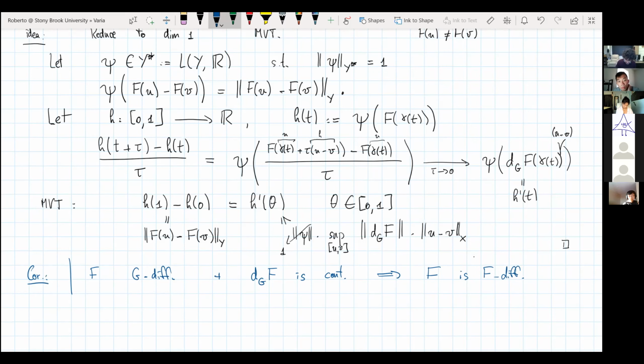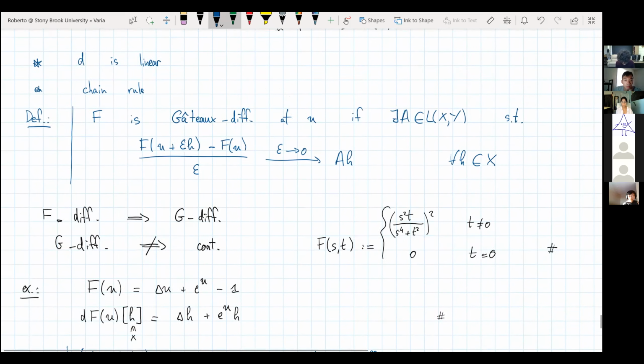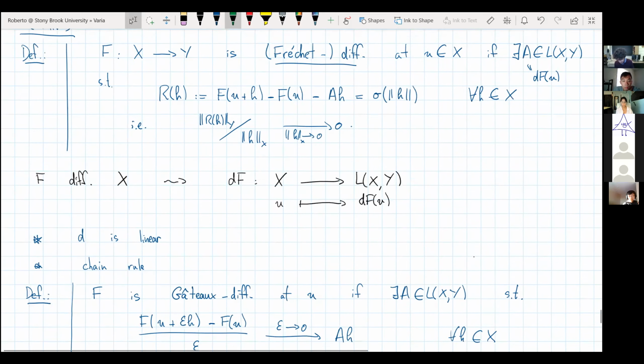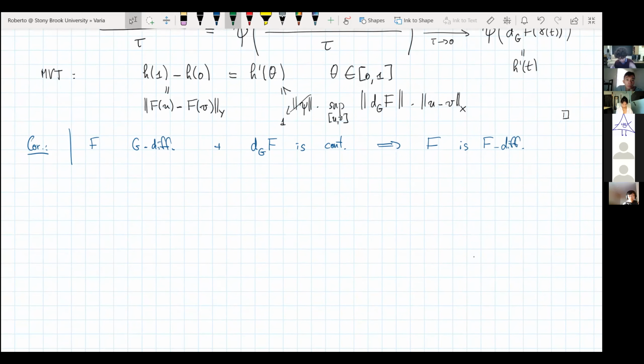And this comes from applying the mean value theorem to this increment, to this residue here, with A equal to the Gateaux differential. But anyways, from now on, we will just think about Fréchet differentiability, because aside from pathological cases, they are actually the same.